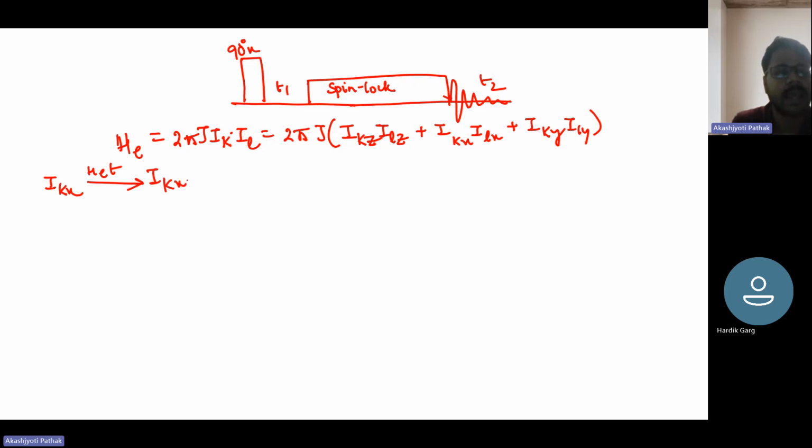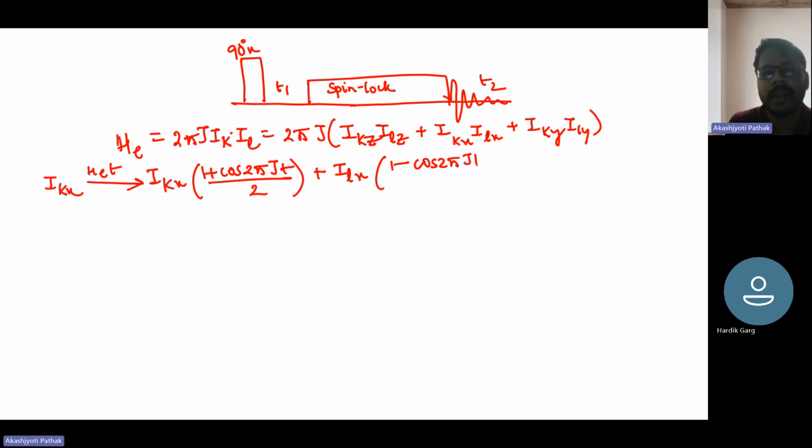This is IKX (1 plus cos 2πJT/2) plus ILX (1 minus cos 2πJT/2).